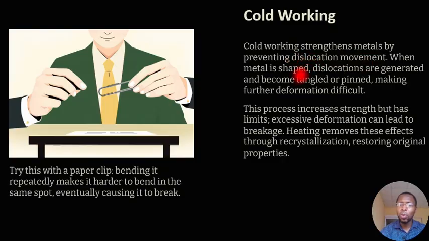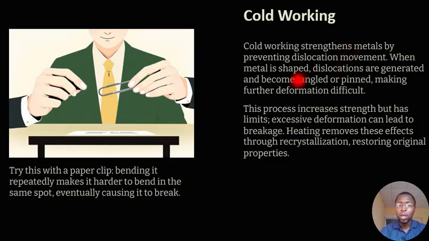When you are cold working on a metal, gradually, it helps in preventing dislocation movement. When we talk about cold working, that means you do not work on that metal when it's still very, very hot. You allow it to cool to room temperature, not below room temperature, like 20-25 degrees Celsius room temperature.